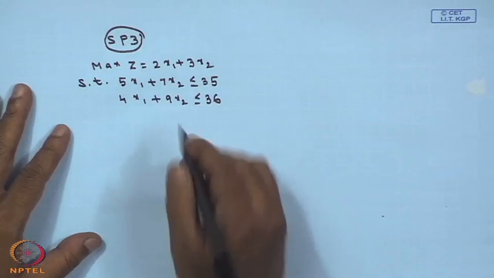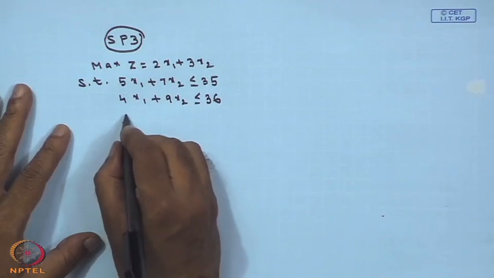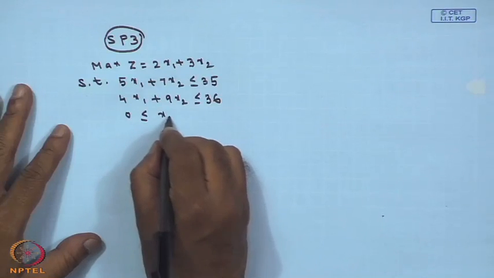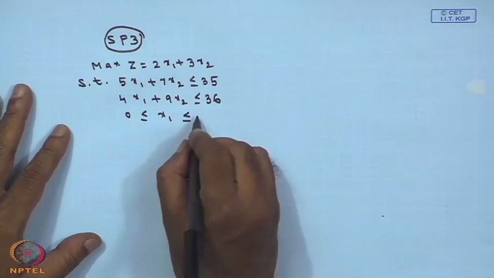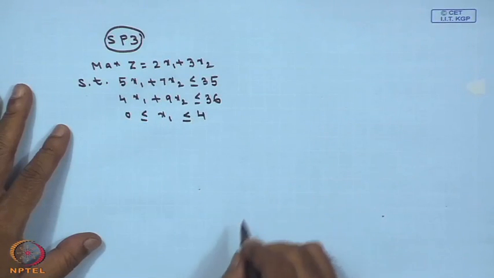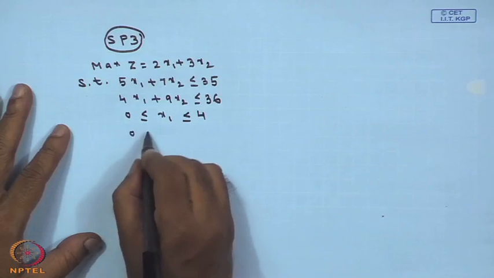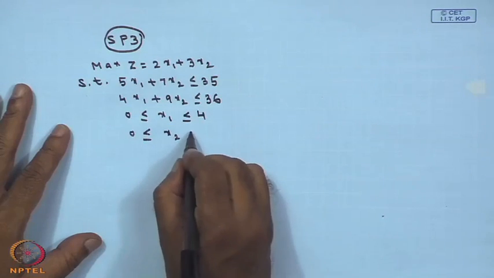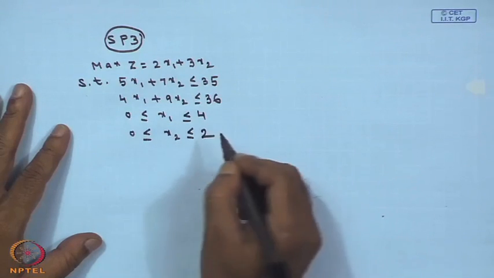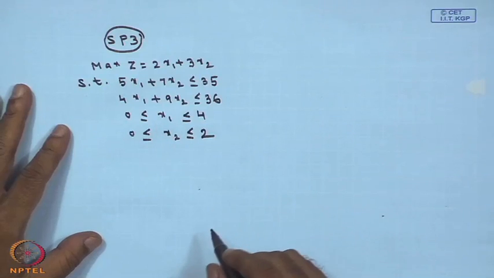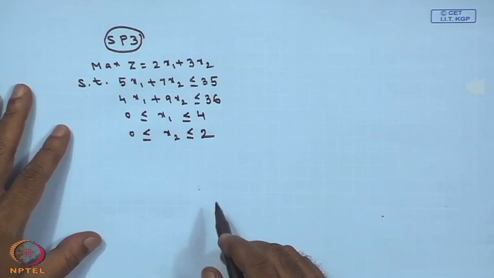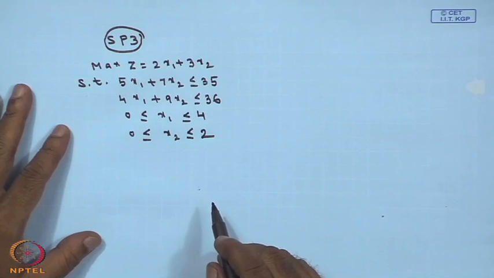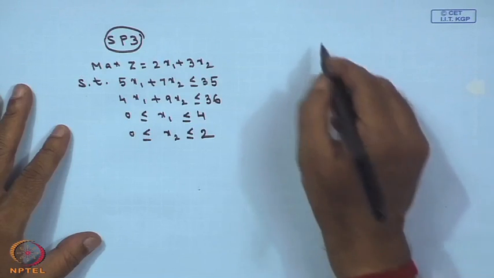This was the original constraint. Along with this, you impose a restriction on x1, that x1 lies between 0 and 4, and x2 lies between 0 and 2, and obviously x1 and x2 are integers. So, this is subproblem 3, which you have broken from SP2.